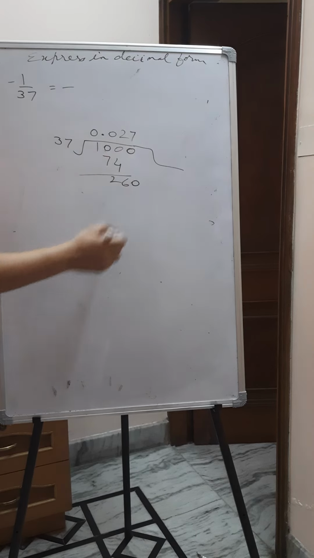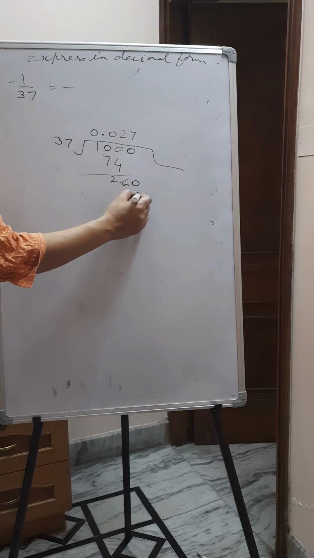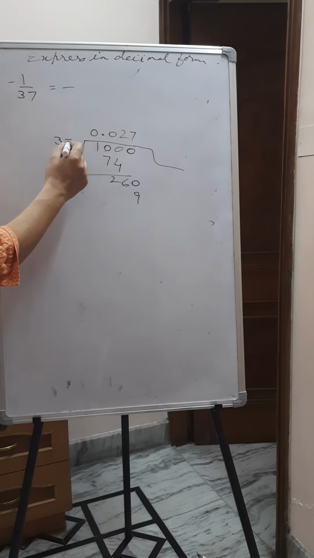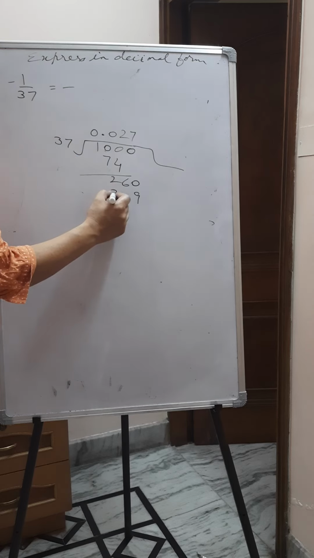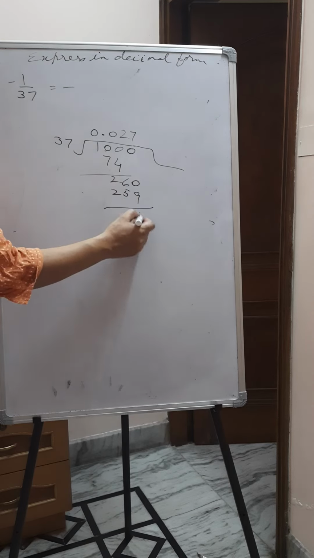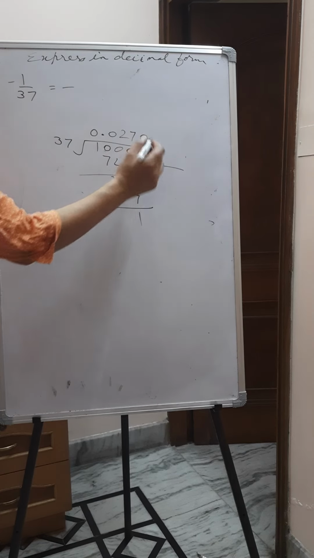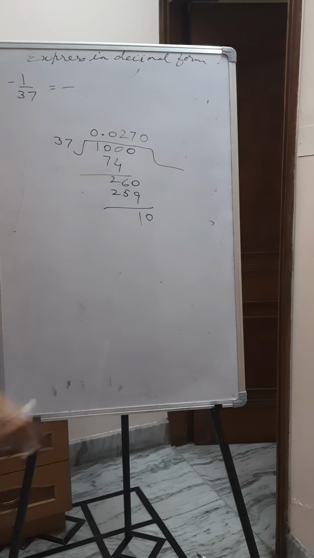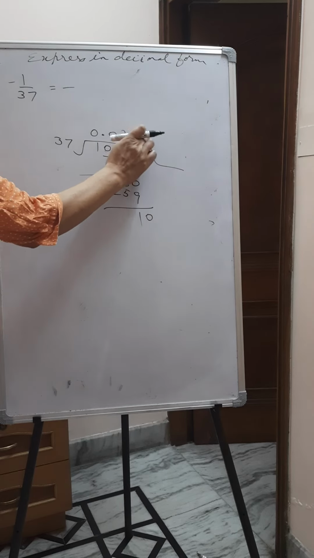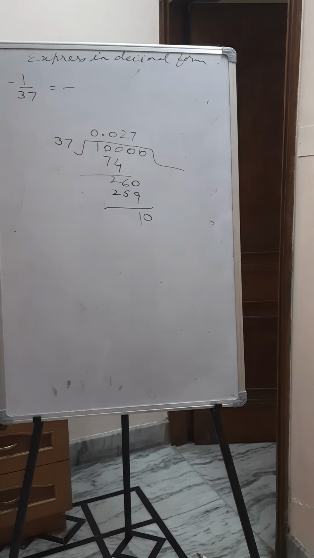Then multiply it with 7 and you will get 259. 259 and 260, the remainder is 1. Again 1 is very small. Put the 0 here to get the 0 here. Again 1 is very small. Put the 0 here to get the 0 here.